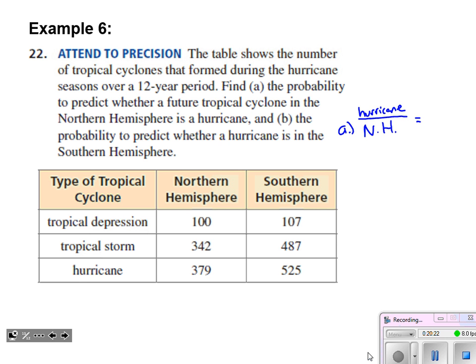Another way of reading this is, what's the probability that we have a hurricane given that we're in the northern hemisphere? Okay, so in the northern hemisphere, we had 379 hurricanes out of how many total tropical cyclones do we have in the northern hemisphere? Well, if we add up 100 plus 32, or 342 plus 379, we get 821 occurrences, and that works out to the probability of a hurricane in the northern hemisphere of 0.4616, or about 46.2%.